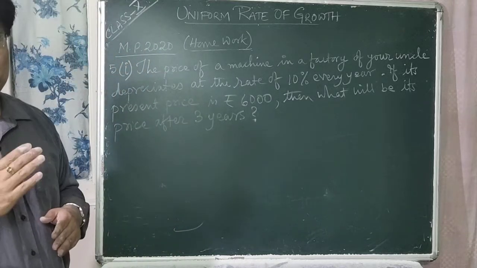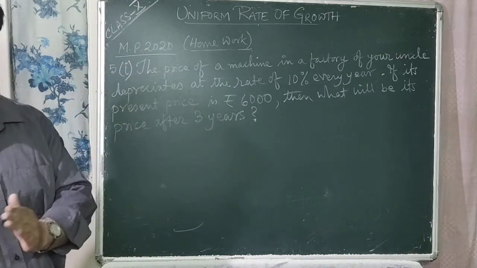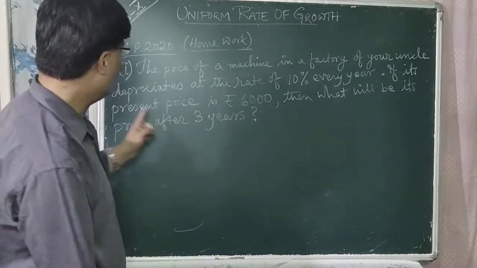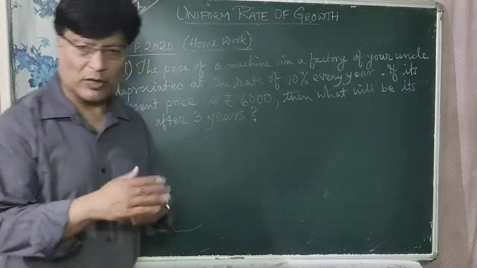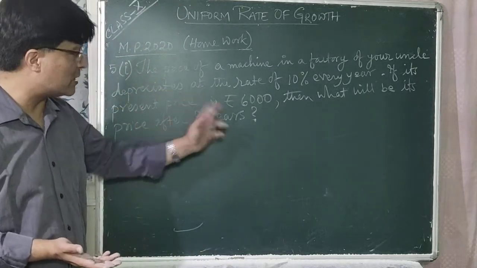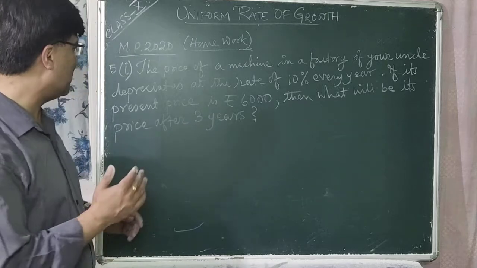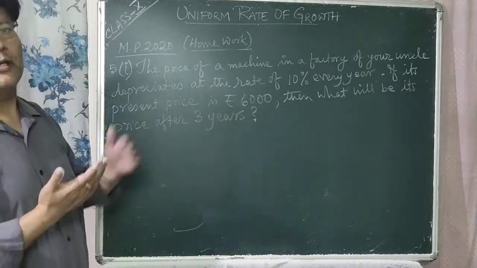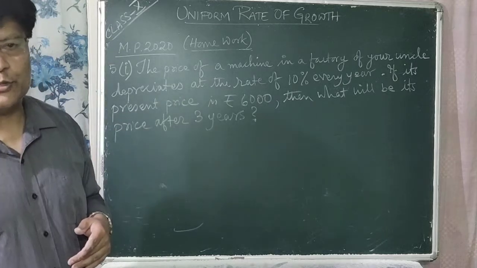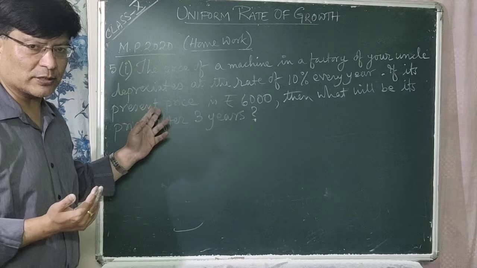If its present price is rupees 6000, then what will be its price after 3 years? यो मेसिन को दाम चाहिँ 3 वर्ष पछाडी कति हुन्छ त्यो चाहिँ तिमीले निकाल्नु पर्छ.